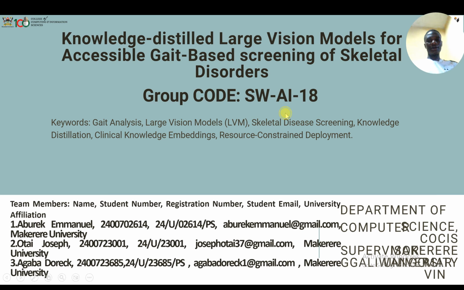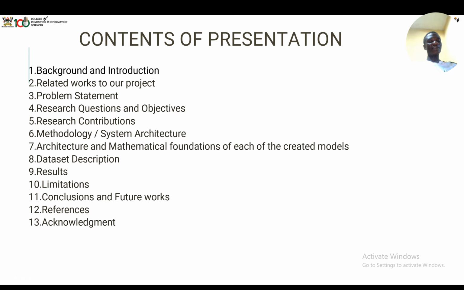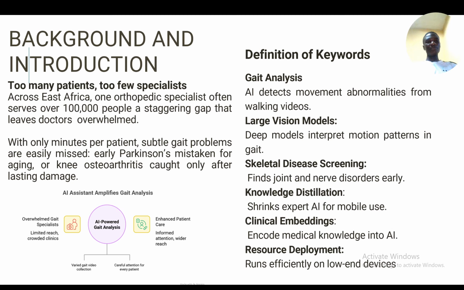What we shall be discussing today ranges from a background introduction, related works, how other people have done it, and the problem statement, until we reach limitations, conclusions, and many more.